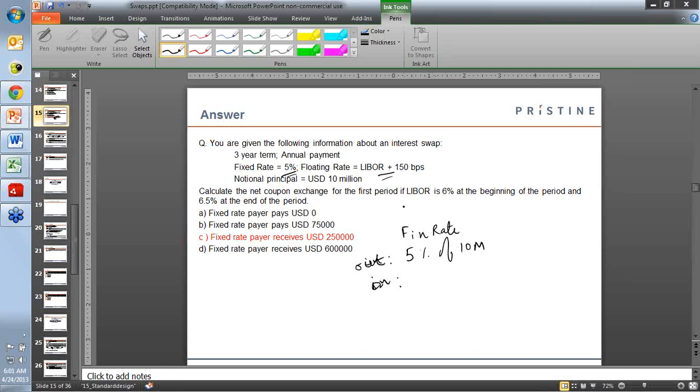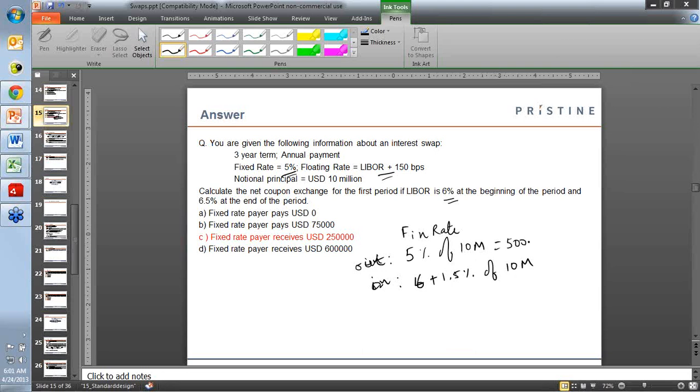So the LIBOR is taken from the starting of the period. At the starting of the period, the LIBOR was 6%. So that would be 6% plus 1.5% of 10 million. So this will basically give us the answer.